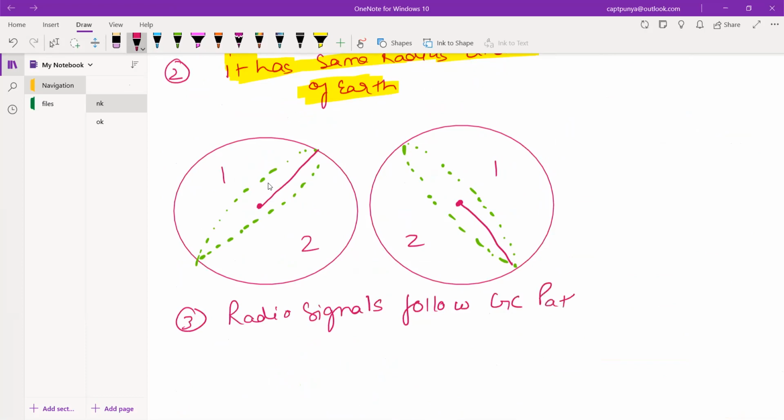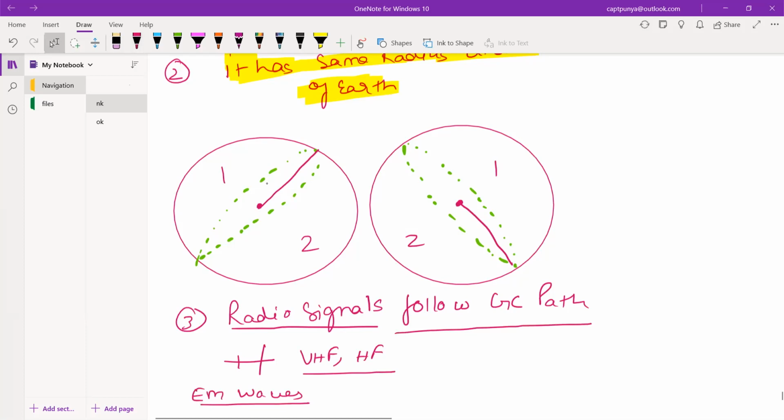Whatever your electromagnetic waves, your radio signals, like in your aircraft, you use VHF, you use HF, these communications are done using electromagnetic waves. So when these waves travel, they follow your great circle path.